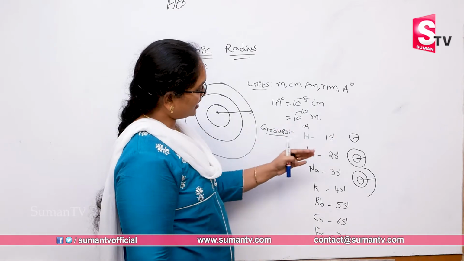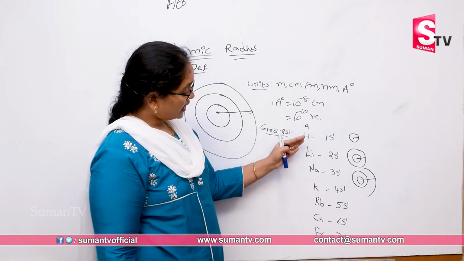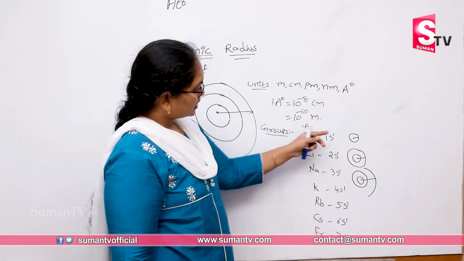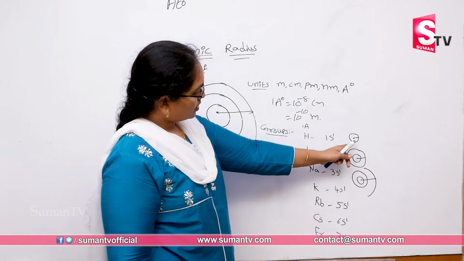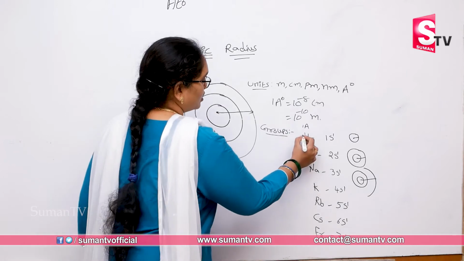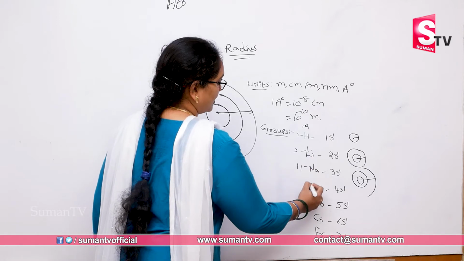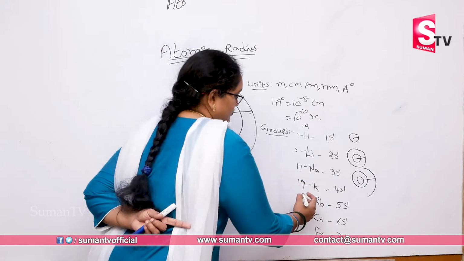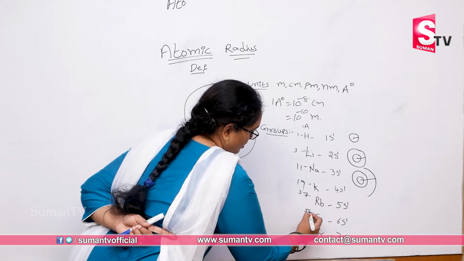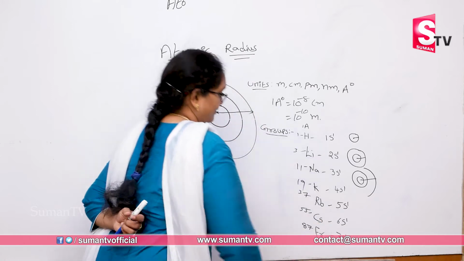So when we go from top to bottom in a group, the number of electrons increases. The atomic numbers are hydrogen 1, lithium 3, 11, 19, 37, 55, 87.